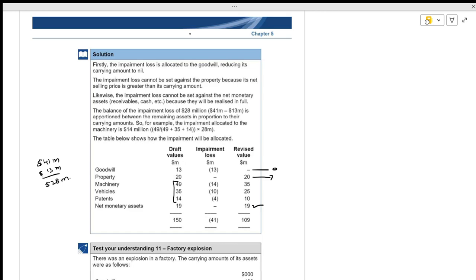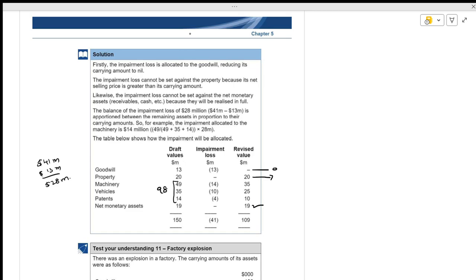How much is there if you take 49 plus 35 plus 14? It comes to 98. Check again: 49 plus 35 plus 14, 98. Now, what they say is very simple.